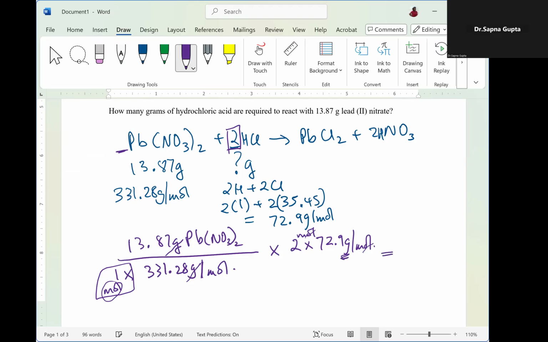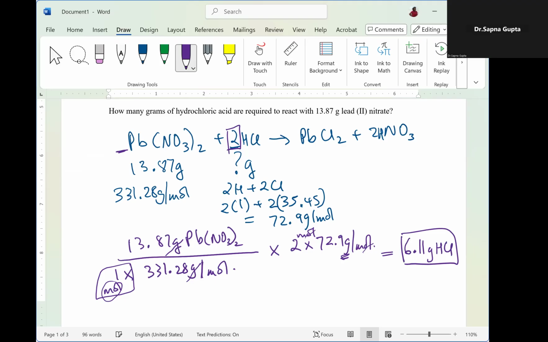Okay, that's the whole point of setting up the long way. So you get rid of your units, you understand the units, but you don't have to do it the long way, okay, so long as you set up your problem correctly. Grams of HCl once you do the calculation.